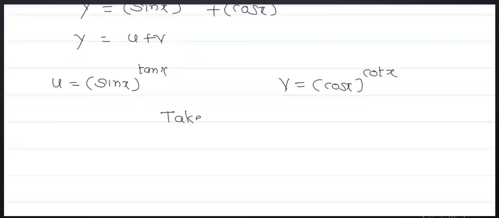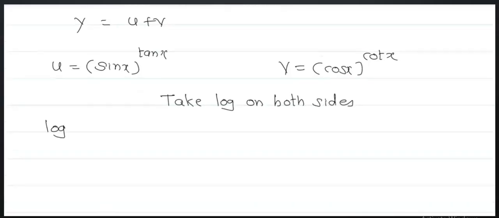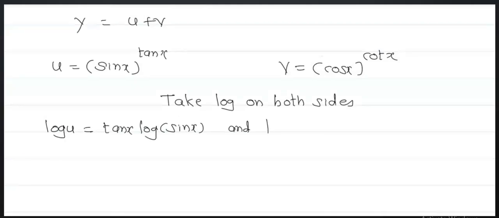Take log on both sides. That is, log of u is equals to tan of x log of sin x. Log of v is equals to cot of x log of cos x.